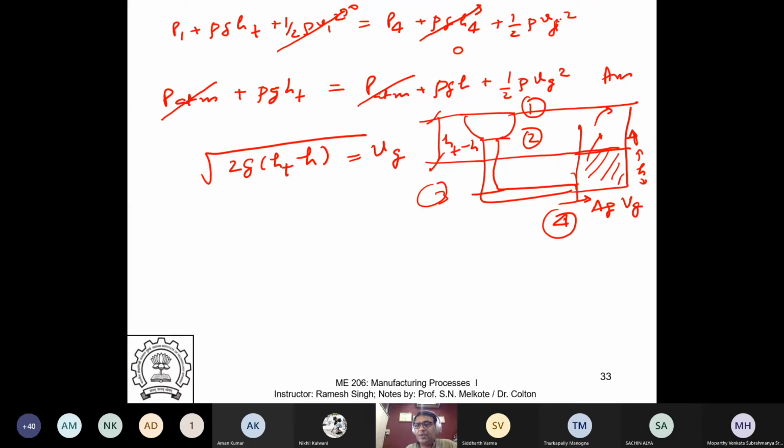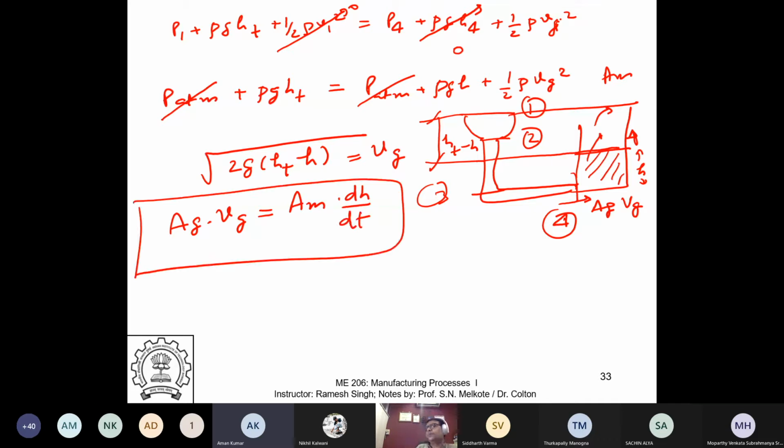There will be a finite rise in the level, right? So now what I can say is basically whatever is being supplied is Ag times Vg. This is what I'm supplying here. Ultimately, what this is doing is raising the height of the mold slowly, by the rate of dH/dt. Agreed or no?